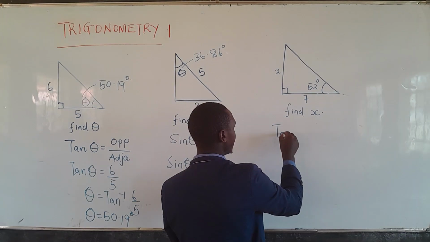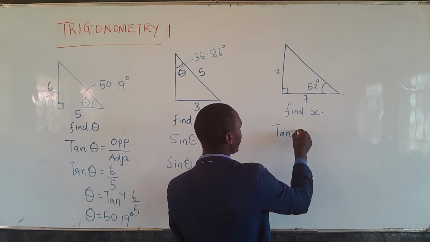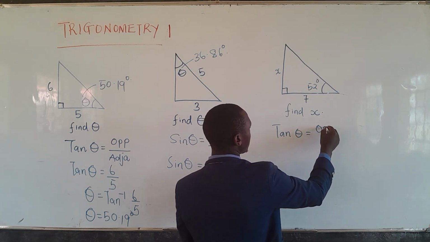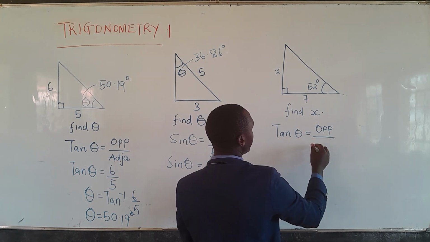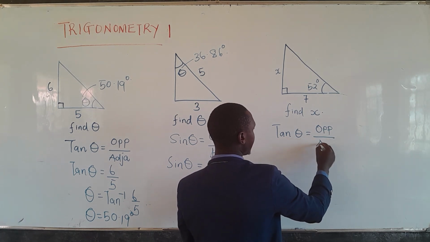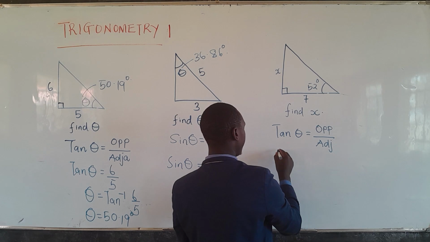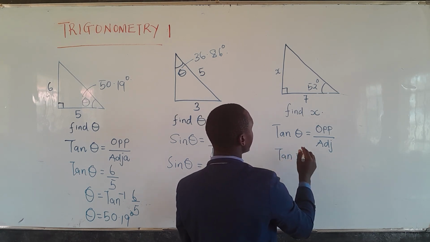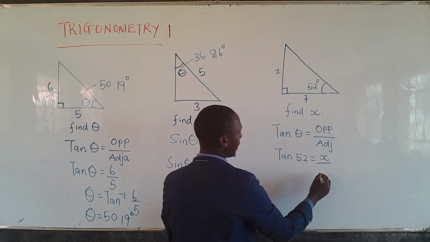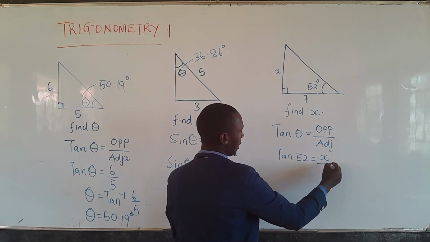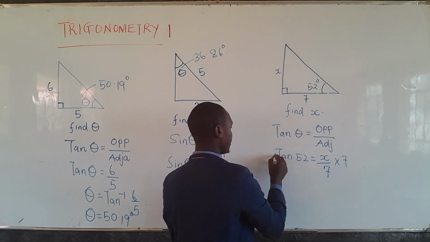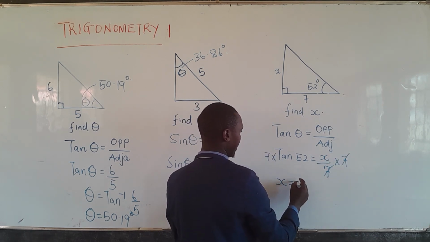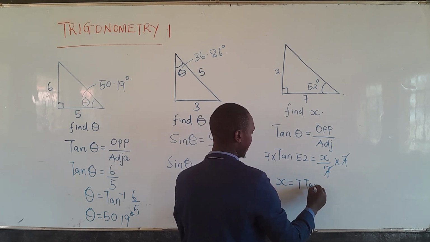So the tangent of theta gives us the opposite divided by the adjacent, and therefore, because we have the angle, tan 52 should give us the opposite, which is x, divided by the adjacent, which is 7. If we then multiply both sides by 7, we are going to have the value of x as 7 tan 52.